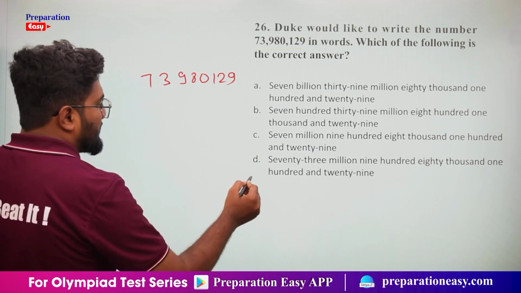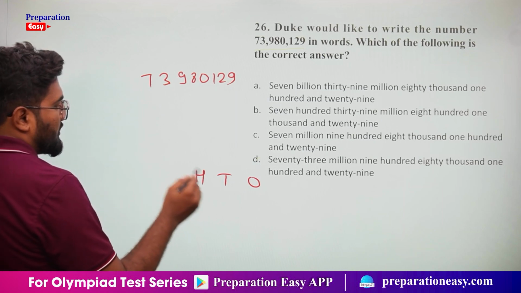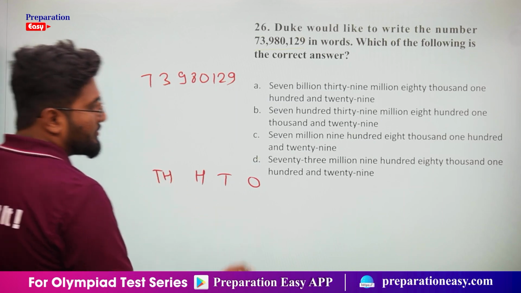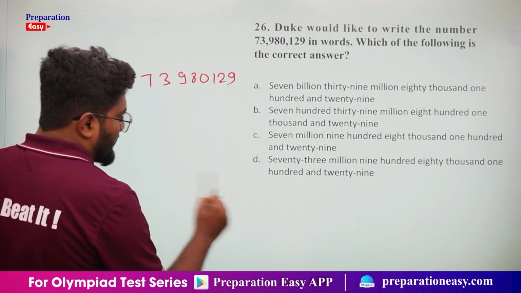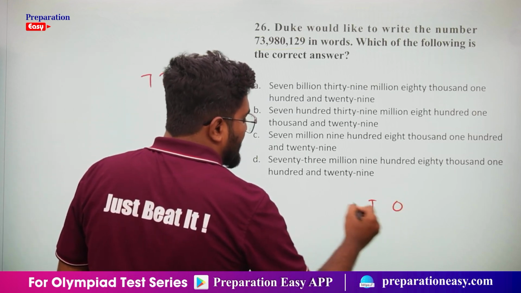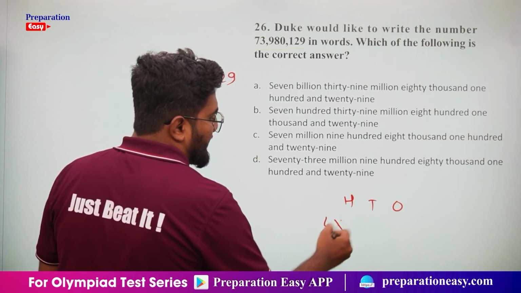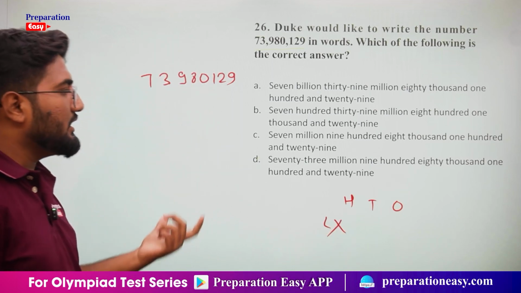which looks like this: ones, tens, hundreds, then thousand, which starts from ones, tens, then hundreds, then lakhs is missing, no lakhs is there. Instead of lakhs we write 100,000.